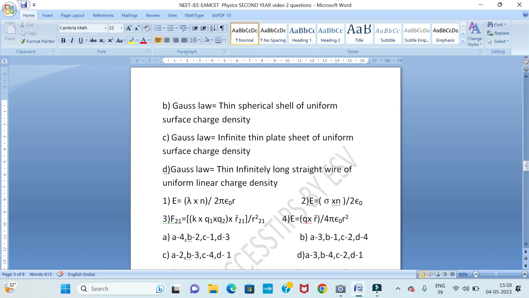The Coulomb law formula is F21 is equal to K into Q1 into Q2 into r21 by r21 squared.